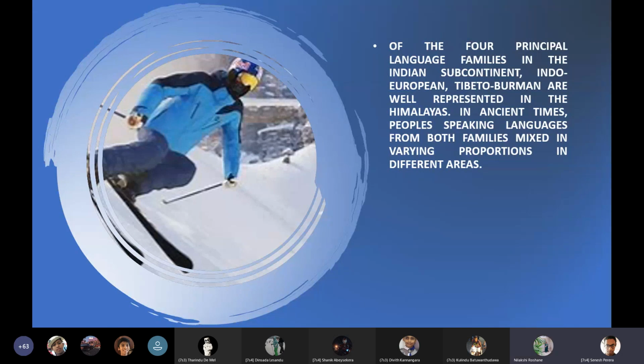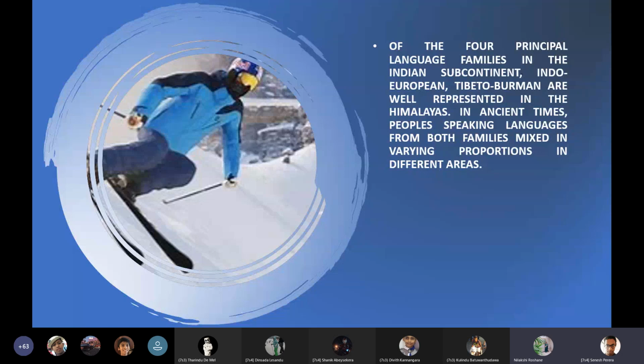This was also an effect of the physical landscape, as it is easier to mix tribal groups in flat areas than in high areas, which are very inaccessible to the rest of the world.